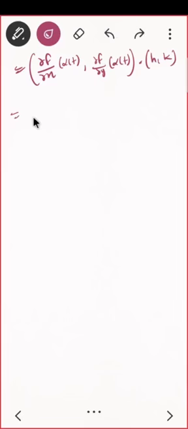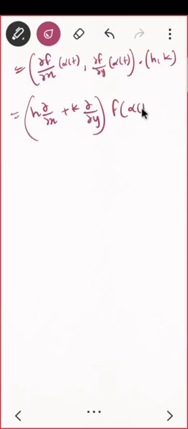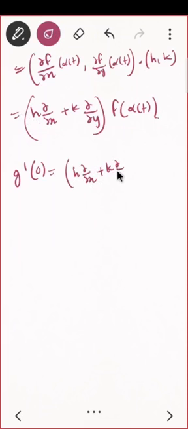So I can write this as h dou by dou x plus k times dou by dou y, and of which point? Of f of alpha t. That's it, correct? So I am having my g dash of 0. G dash of 0 is what? This one, h dou by dou x plus k dou by dou y f of alpha t.